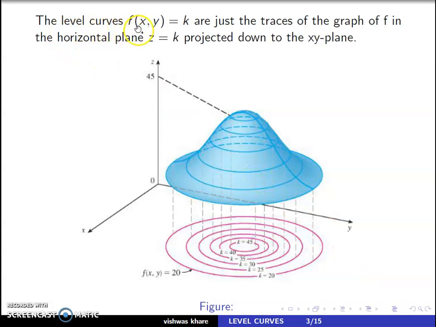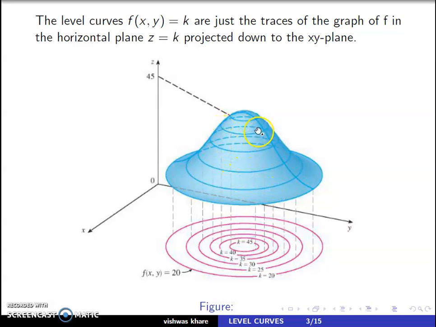The level curves f(x,y) = k are just the traces of the graph of f in the horizontal plane z = k projected down to the xy plane. Here you can see the portion of a graph of a function, and these are the level curves.